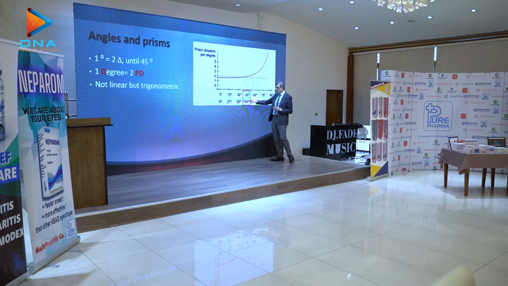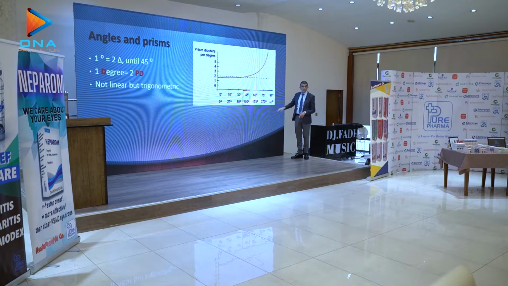Any angle more than 45 degrees will be out of proportion to the prismatic correction, to an extent that if we have a deviation that is 90 degrees, it will be equal to infinity prisms, all right?